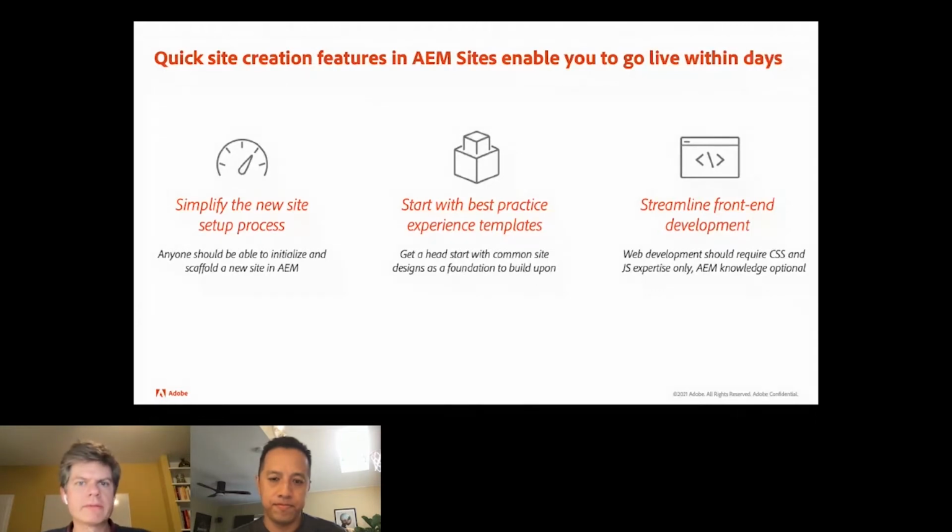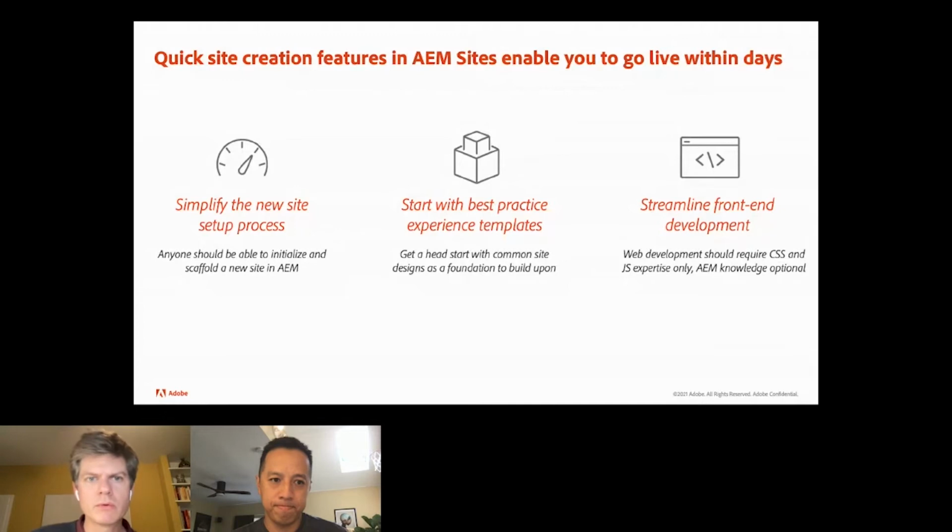You need to have some best practice experience template that allows you to quickly create your website or your experience. And the third one is how the front-end developers can add their own work to the mix without having to have a full deployment going on and requiring AM expertise.